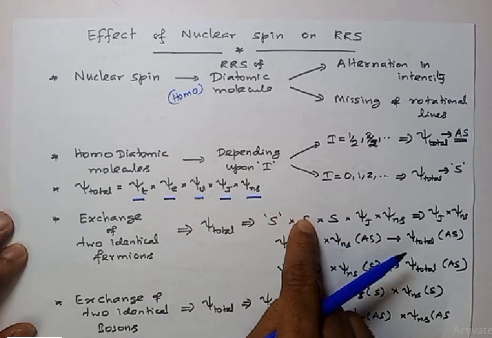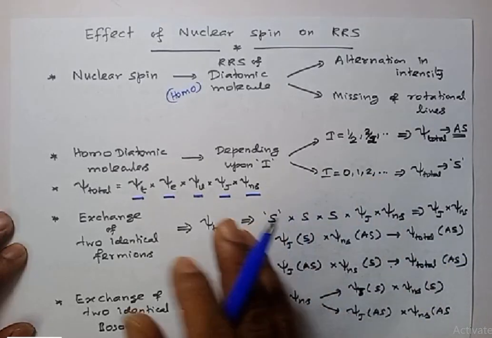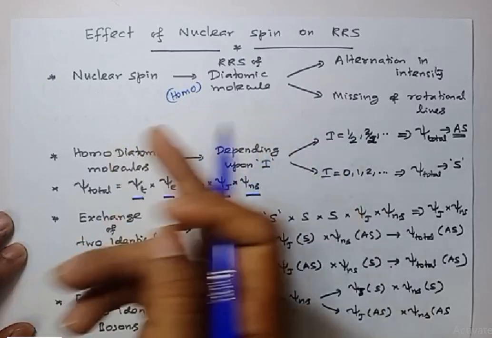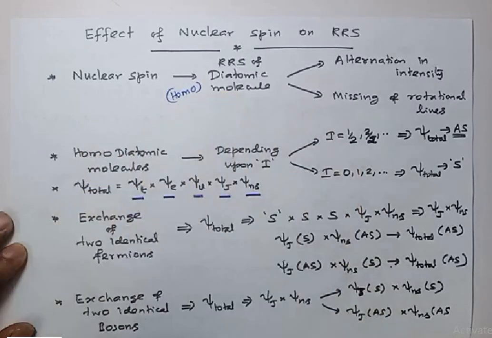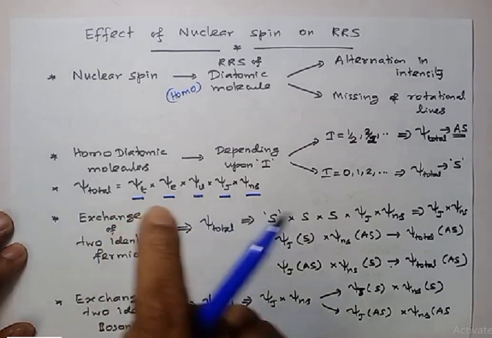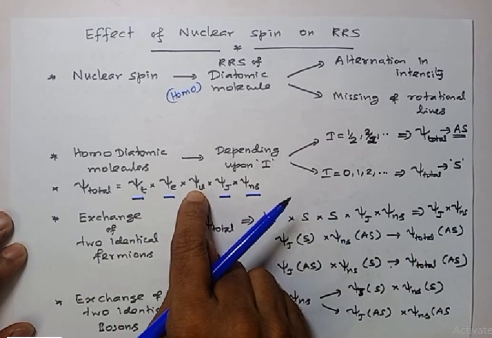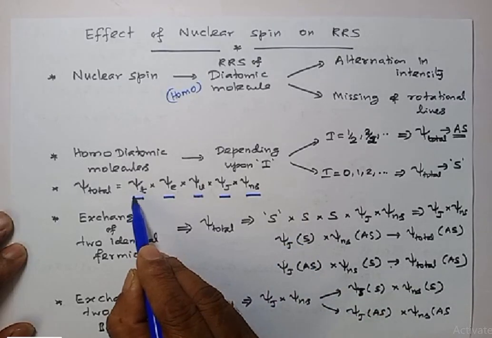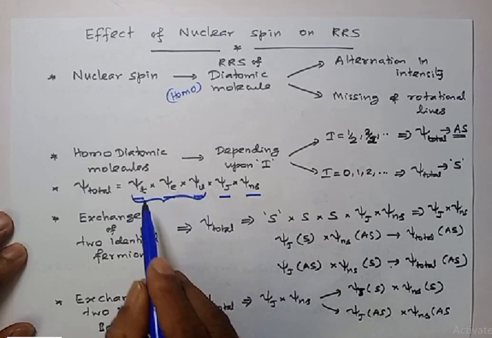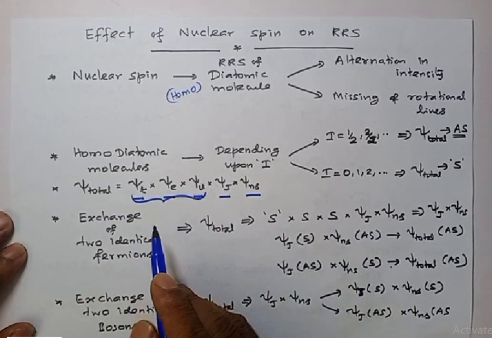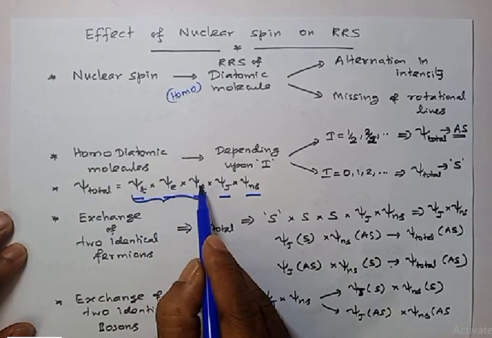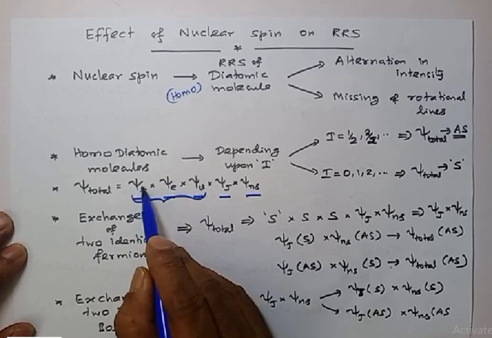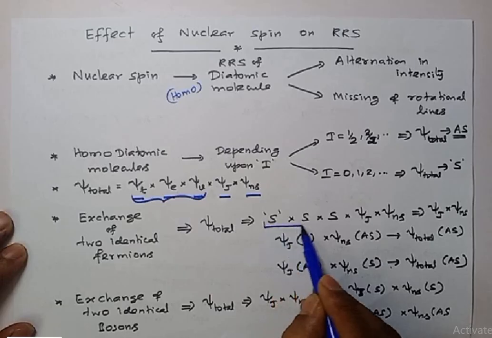Electronic is always symmetric. Mostly the molecule is present in the ground electronic state, and when it undergoes rotation, the ground electronic state never gets disturbed. Therefore, it remains symmetric. Similarly, the vibrational state also remains symmetric. So remember, psi translation, psi electronic, psi vibrational are all always symmetric. Symmetric into symmetric is symmetric, so this product is always symmetric.